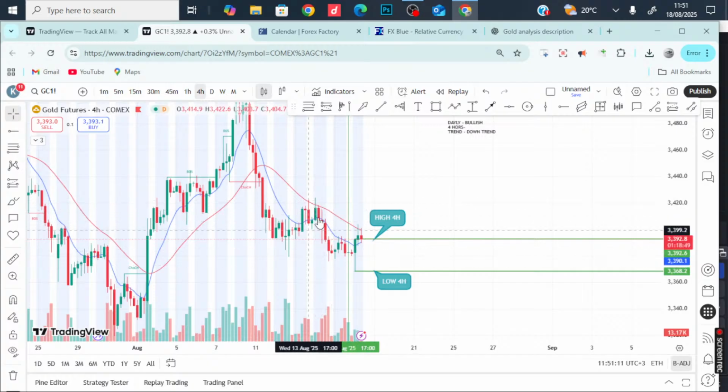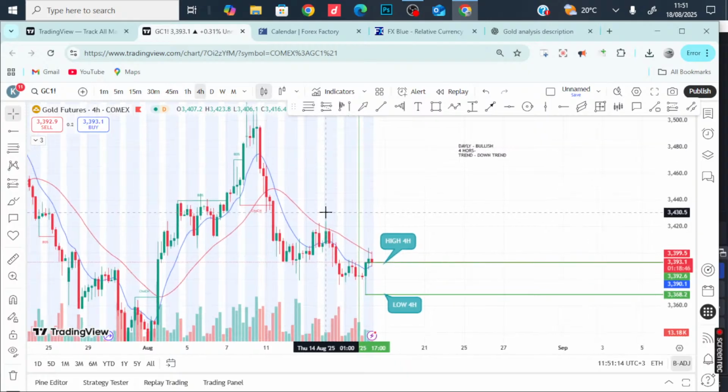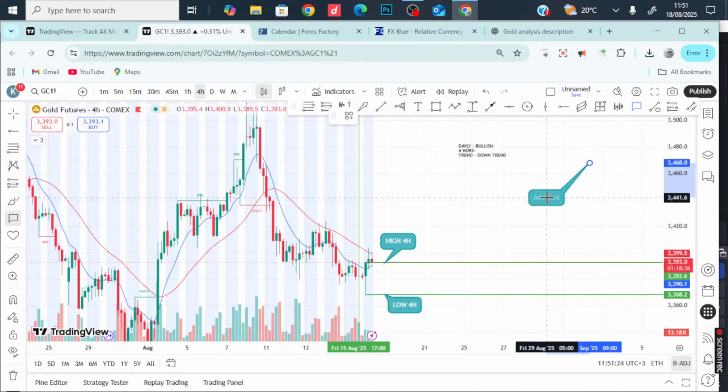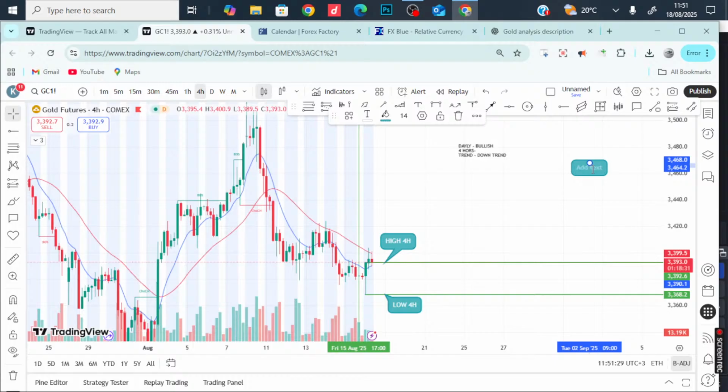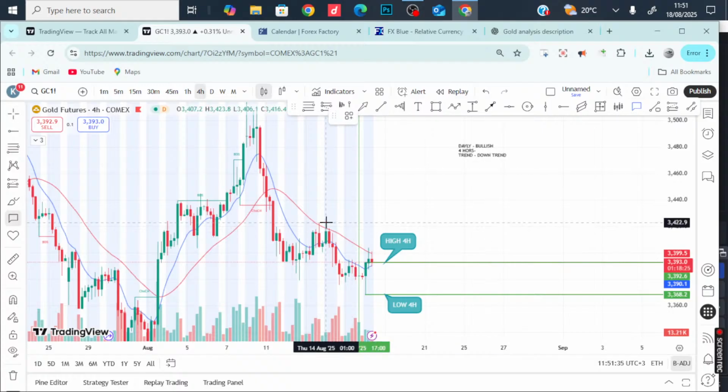This will be now at this point. This will be marked. Sorry for that. So as you can see from here, the market moves in a consistent way.